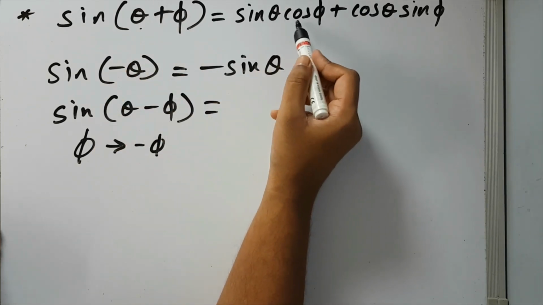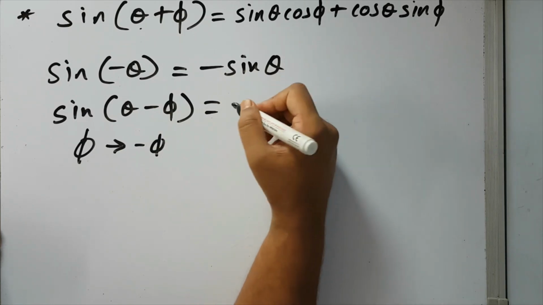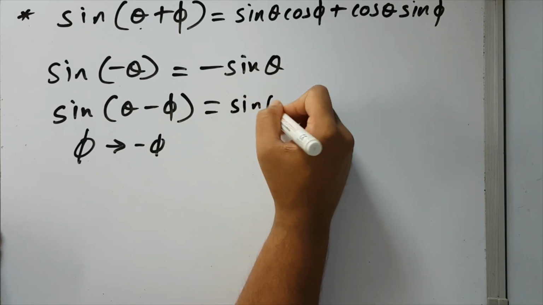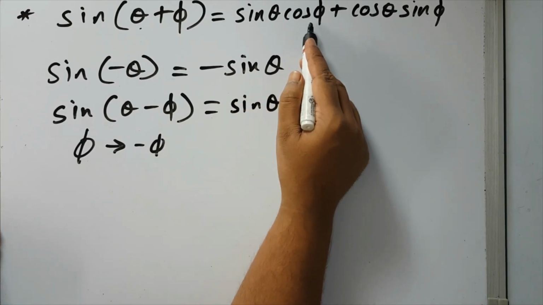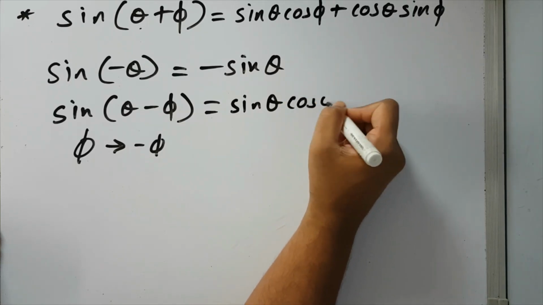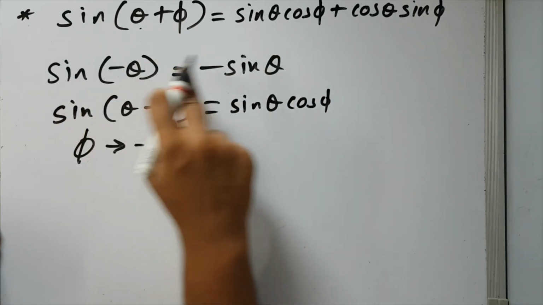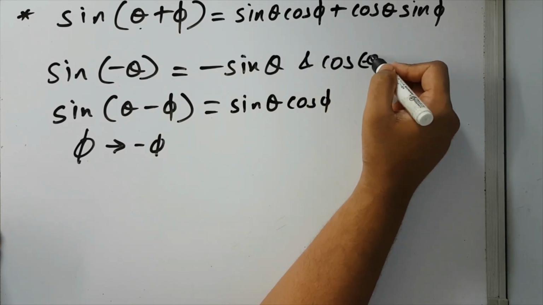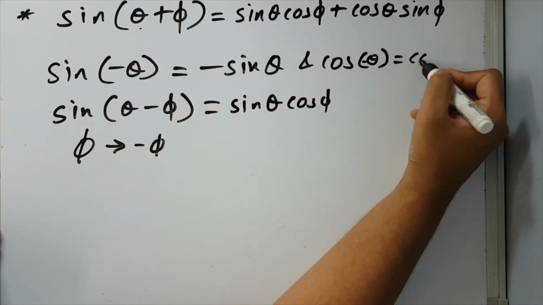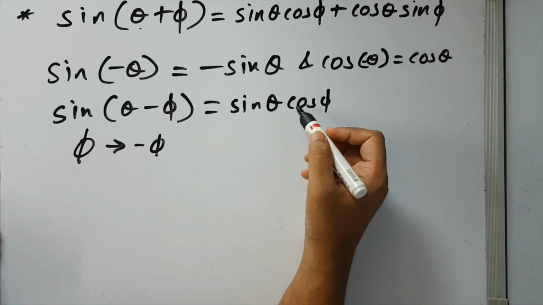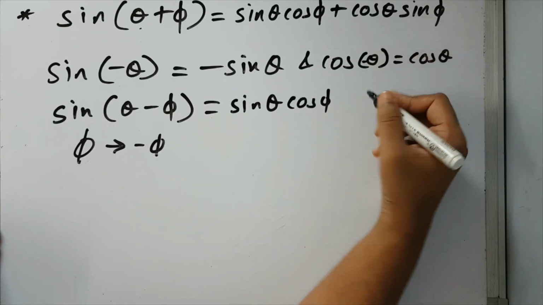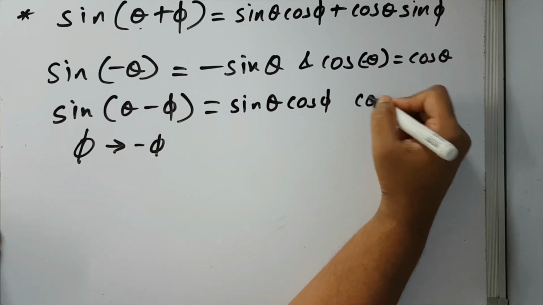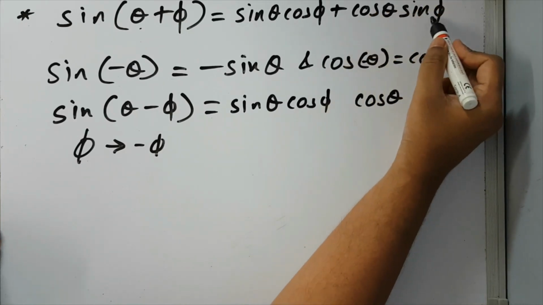So sine theta into cos of minus phi. What is cos of minus phi? It is cos phi, since sine of minus theta is minus sine theta, and cos of minus theta is equal to cos theta. Now theta isn't changing, cos theta into sine of minus phi.